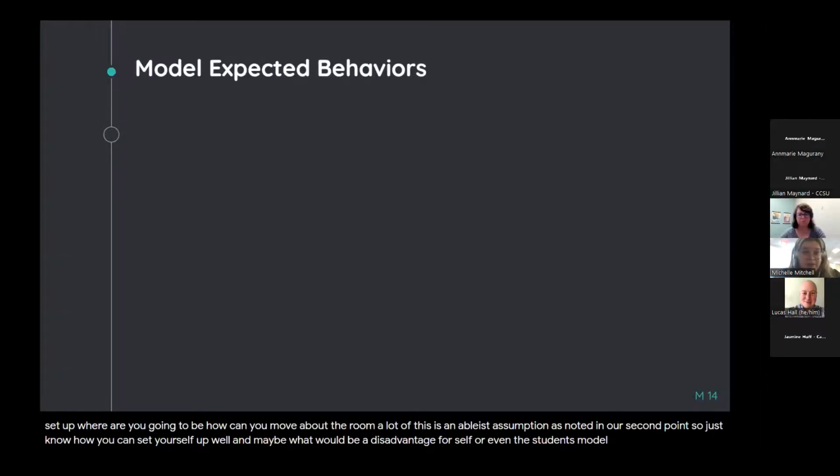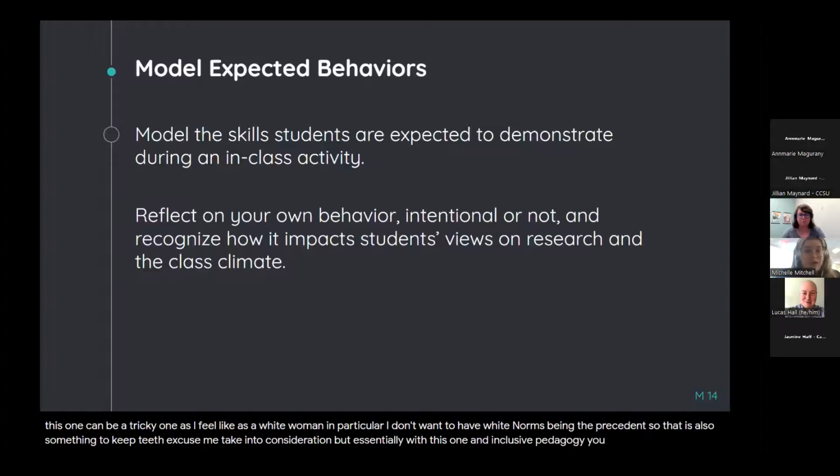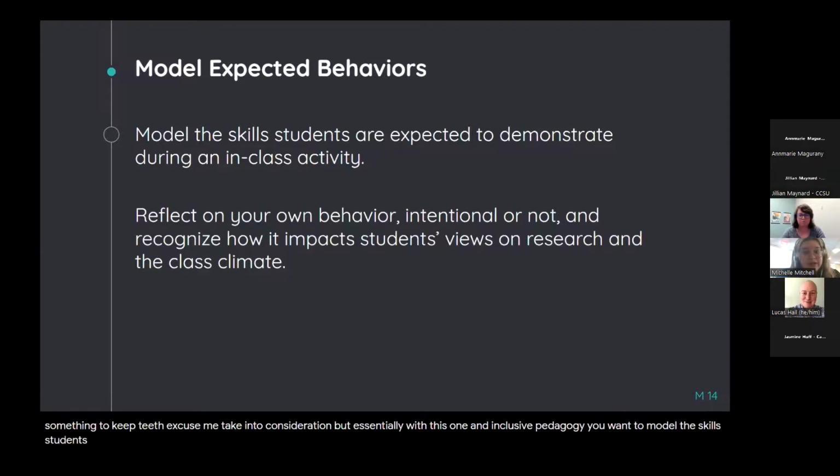Model expected behaviors. This one can be a tricky one, as I feel like as a white woman in particular, I don't want white norms to be the precedent. So that is also something to take into consideration. But essentially, in inclusive pedagogy, you want to model the skills students are expected to demonstrate during an in-class activity.